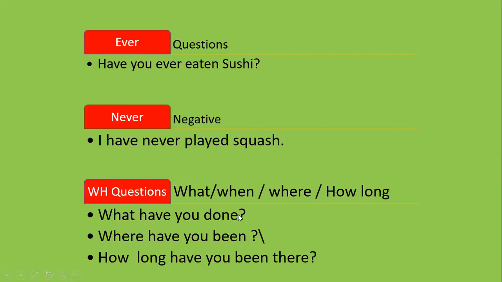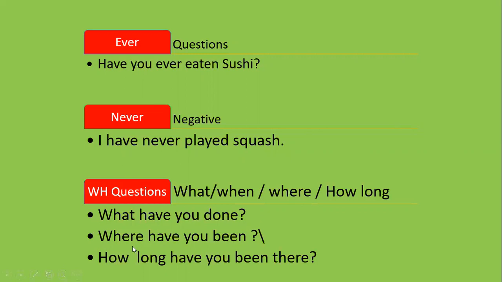This is the order of the question: the question word, then the auxiliary verb have, then the subject, and then the past participle of the verb. You can answer, I have done my homework. I have cleaned my room. I have prepared lunch. I have done the washing up.